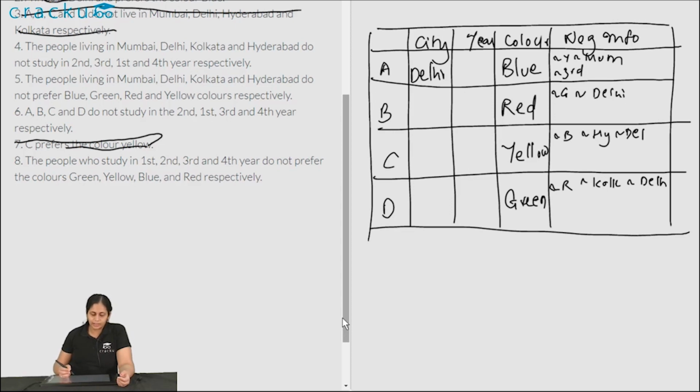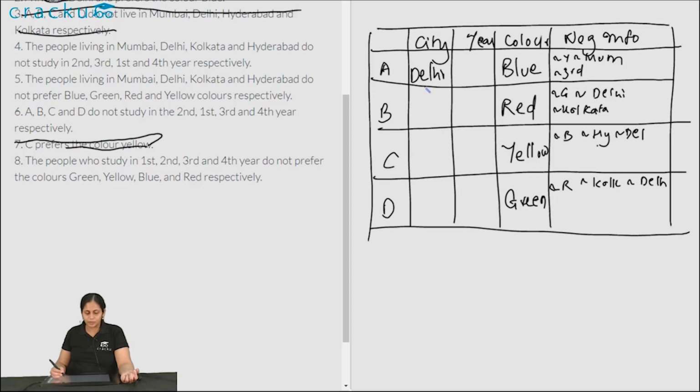Somebody who is in Kolkata does not like the red color. So this guy is not in Kolkata because the Kolkata guy does not like the red color. Okay. Somebody who is in Hyderabad does not like the yellow color. So this guy is not in Hyderabad. This I have already written, so it's not new information. Somebody who is in Mumbai does not like the blue color. So this guy is not in Mumbai. But that is already known. So it's okay.